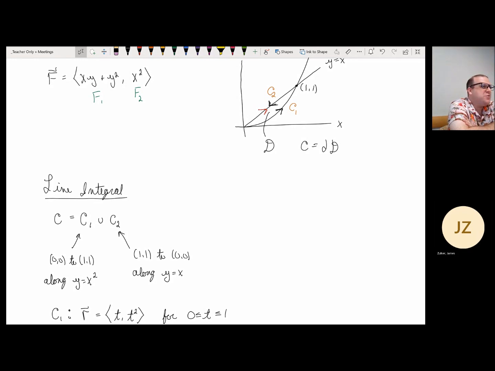This doesn't make sense to subtract two equations. Think back to double integrals. There are two ways you could describe the region.